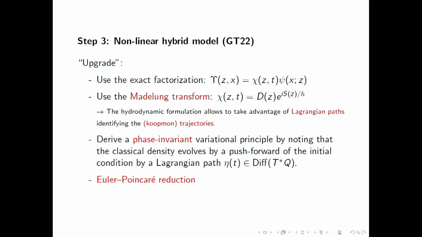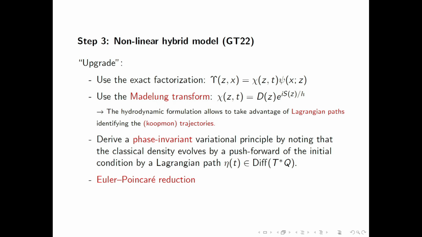The first one is the so-called exact factorization. This is needed because if we think of a hybrid wave function, we basically want to know which part of the wave function describes the classical part, which of it describes the quantum part, and this is achieved by performing the so-called exact factorization, which is known from quantum chemistry.